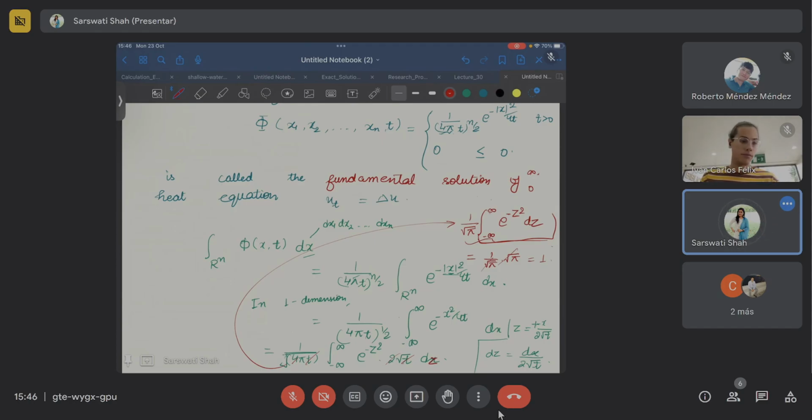It means you can simply see this in n dimension as well, but to proceed in n dimension, you have to use some theorem from probability, like some direct sum. So you will consider this g equals to this and modulus of x, and then dz will be coming like in the direct sum.